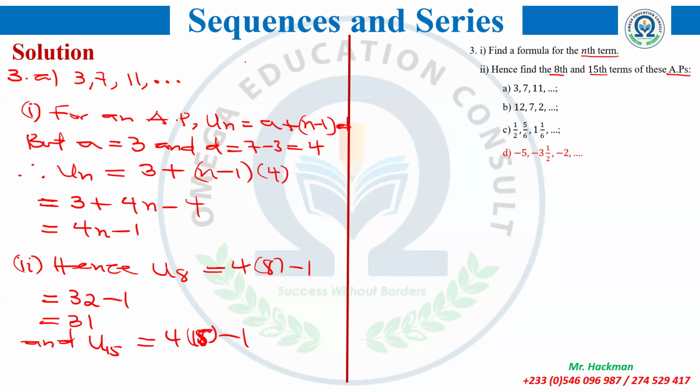Prof. Adoma, Mr. Hackman, please, I was asking that A, B, and C had a semicolon after them. I wanted to know if it affects the meaning, what does the semicolon mean?